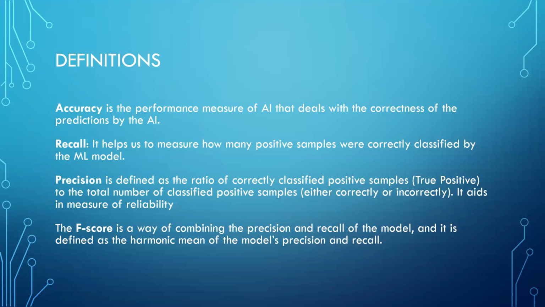That is a measure of accuracy that we can tell and use to train and better our AI system. Then recall helps us measure how many positive samples were correctly classified by the ML model. So you might have trained this stress system to do some things, but now how best will it recall that this face was actually not stressful?